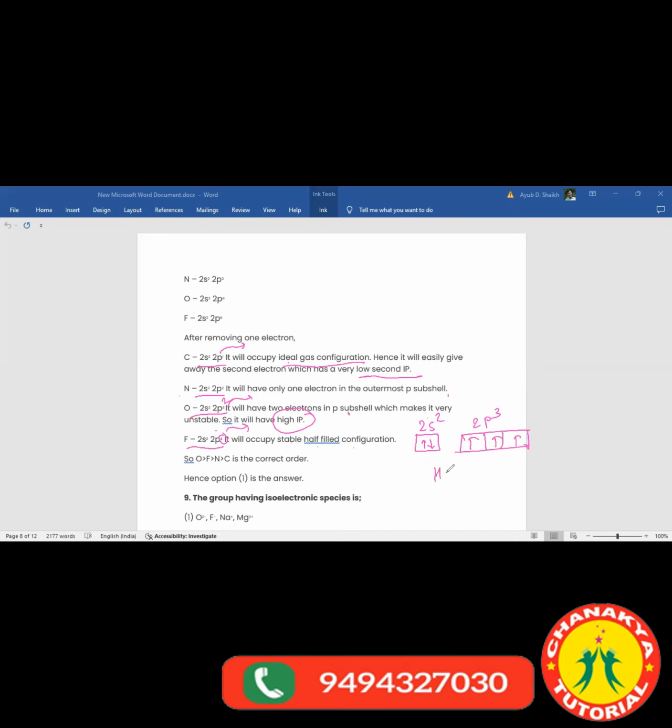So as it is half filled, it is a stable configuration. So the energy criteria would be: carbon requires less energy as compared to nitrogen. Nitrogen requires less energy as compared to the stable half-filled fluorine. And oxygen, as it has two electrons, becomes highly unstable.